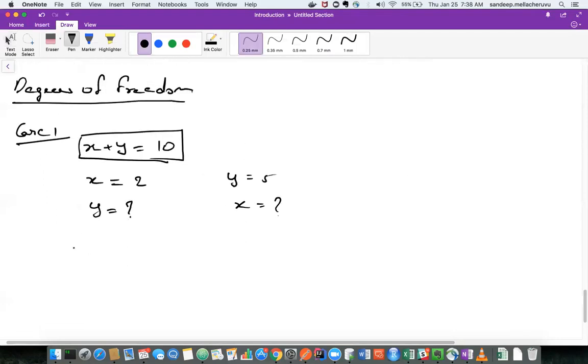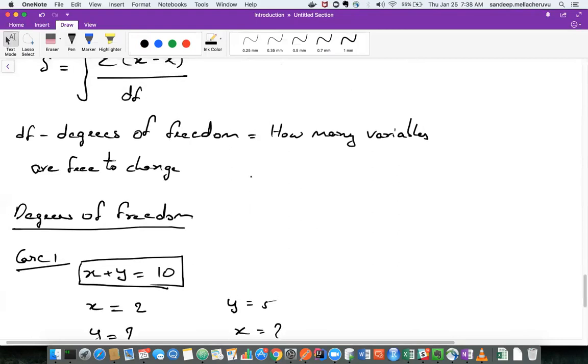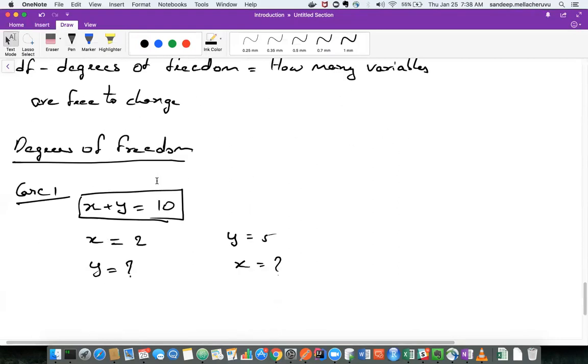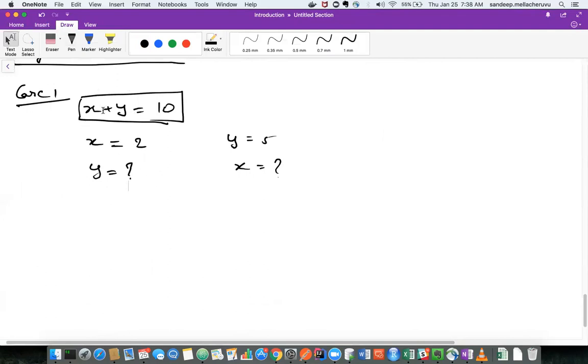Now I can define degrees of freedom. I defined it as how many variables are free to change. In this case, if you have to follow the condition x plus y equal to 10, how many degrees of freedom do you have? Only 1. Only 1 degree of freedom is free to change. You don't have another degree of freedom to change.